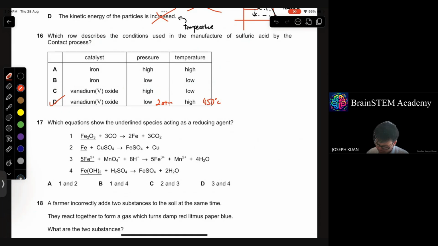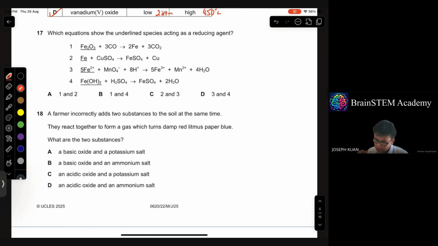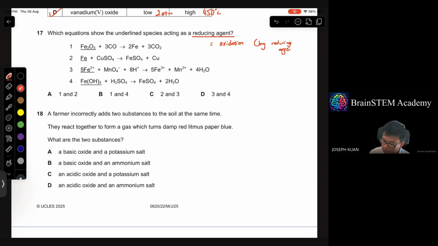Okay, 17. Which equations show the underlined species acting as a reducing agent? A reducing agent is a substance that undergoes oxidation by reducing others. So we just need to find out who undergoes oxidation in this scenario. So not 1, because our iron trioxide just lost oxygen.